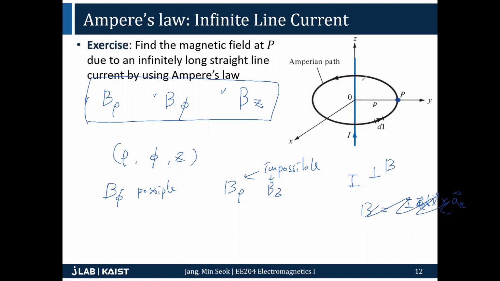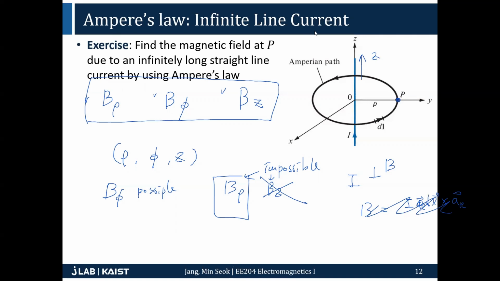And the current direction is along the z direction in this case. So the B field cannot have a z component. That's for sure, right? B and current are perpendicular. And what about B rho? How can we rule out the B rho component?